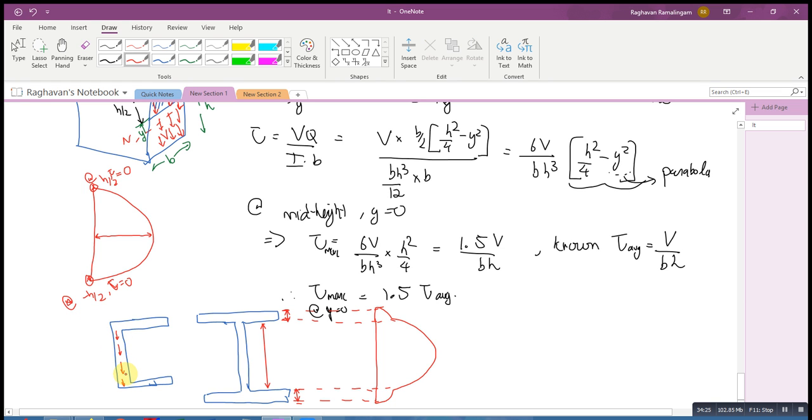But when it comes to shear stresses, you have to imagine shear as a flow. If it has to flow, then this has to continue, which means the shear in the flanges would be like this, and here it would be like this, and similarly here it would probably be like this.